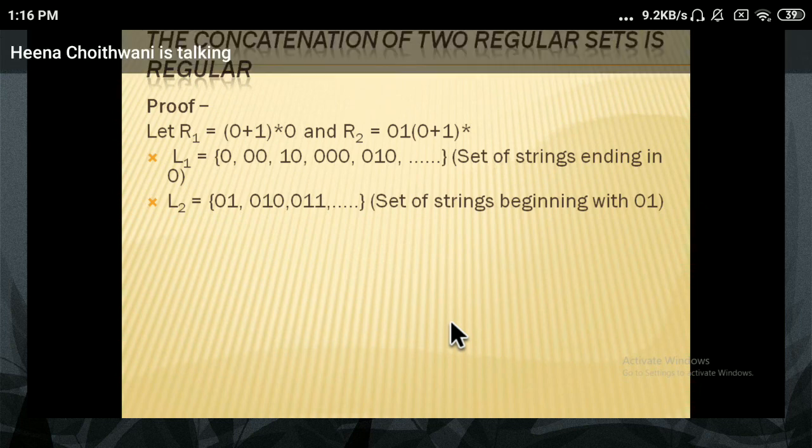What will be in the concatenation? What will be in the concatenation? If I give you two conditions, first condition is strings ending with 0 and we have strings starting with 0 1. So in your concatenation we are going to use both the conditions, right?